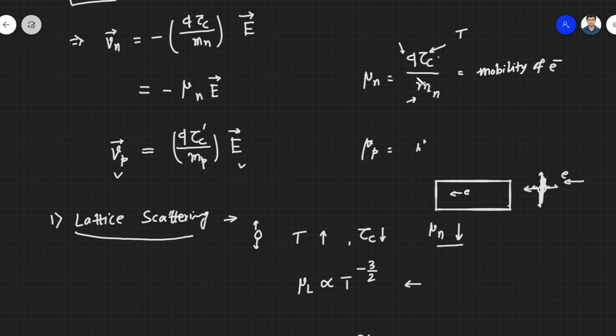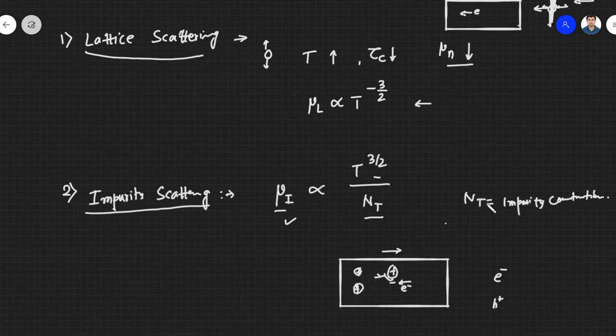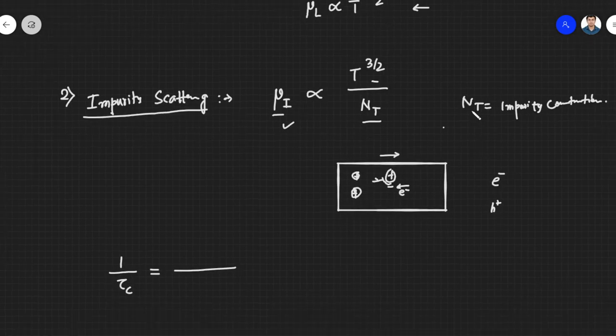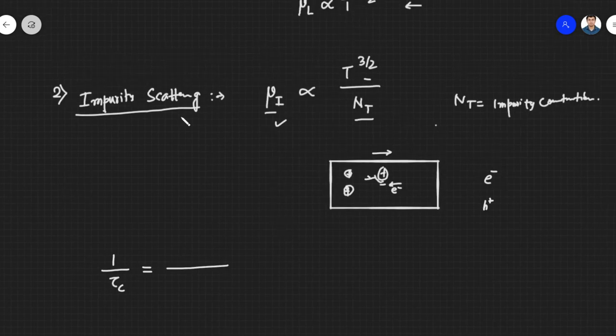Q and Mn are constant, so tau c, or the mean free path, is directly related to this velocity, mu n. Now we are trying to correlate these two, combining them because these two phenomena, impurity scattering and lattice scattering, are happening simultaneously, right?